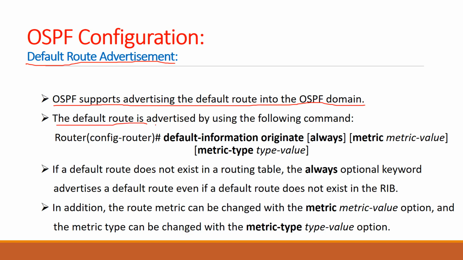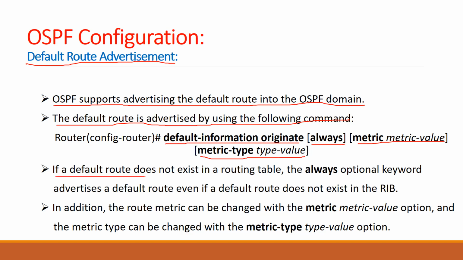The default route is advertised by using the following OSPF router subcommand: default-information originate, with the option to use always, an option to use a metric with a metric value, and an option to use a metric type with a type value.